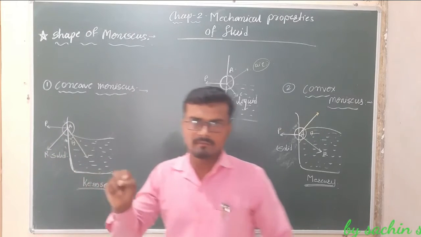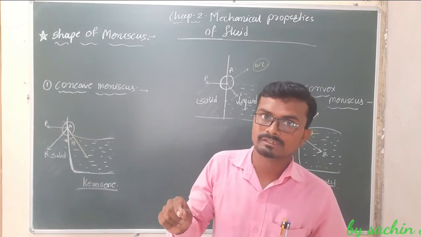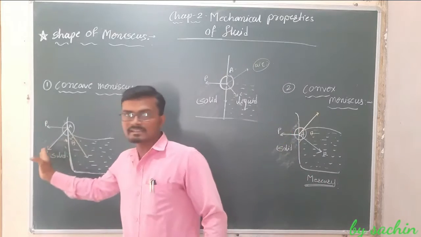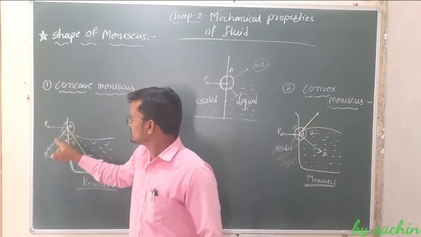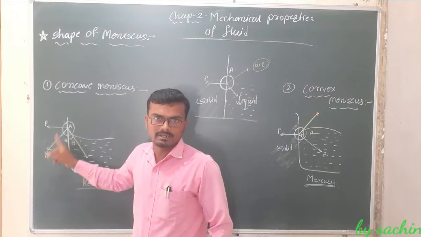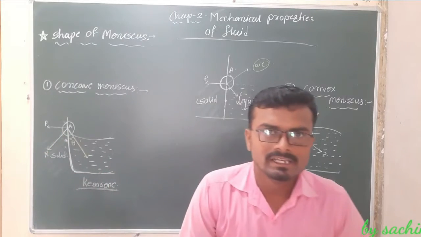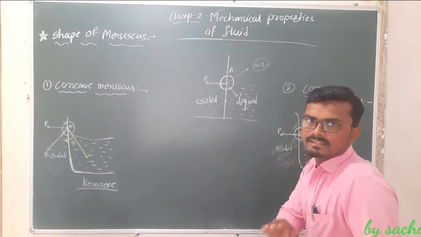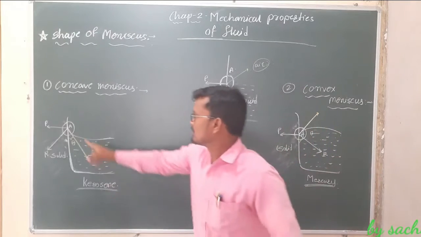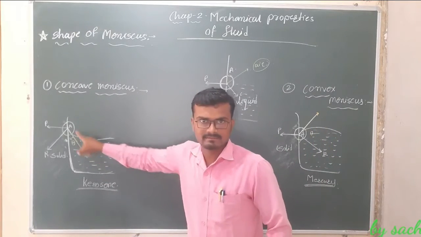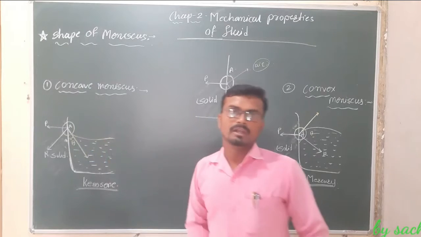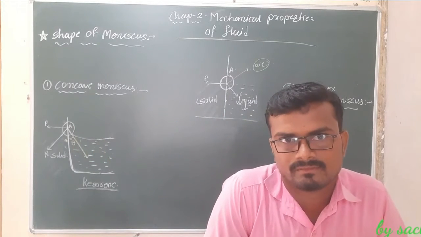To be perpendicular to this resultant force, the liquid meniscus or free surface of the liquid gets a concave shape.